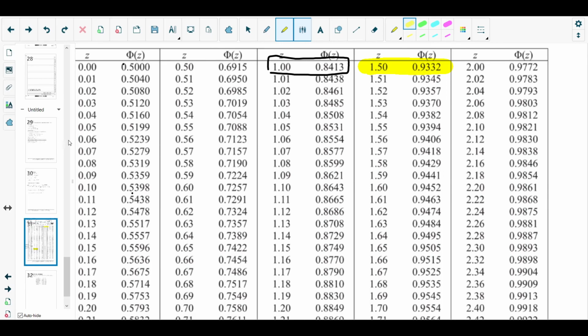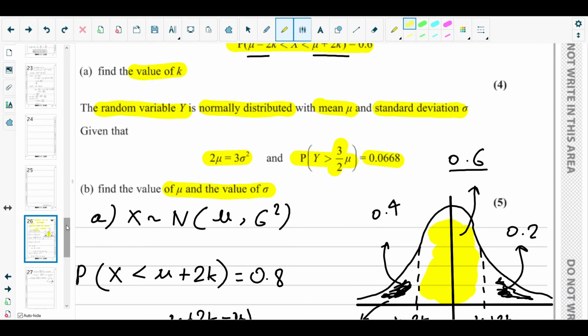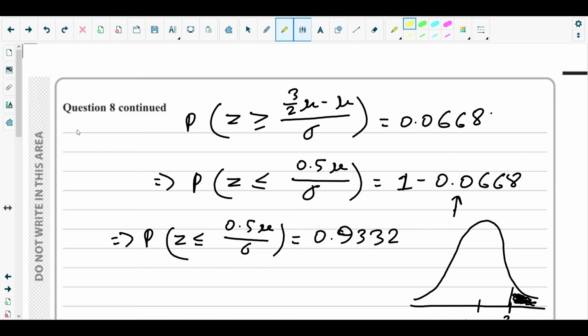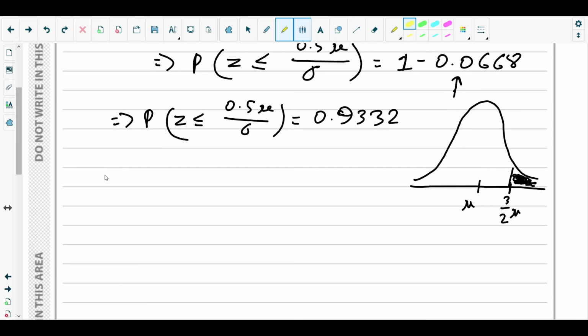That means the corresponding value for Z, 0.5 mu over sigma, is equal to 1.50.